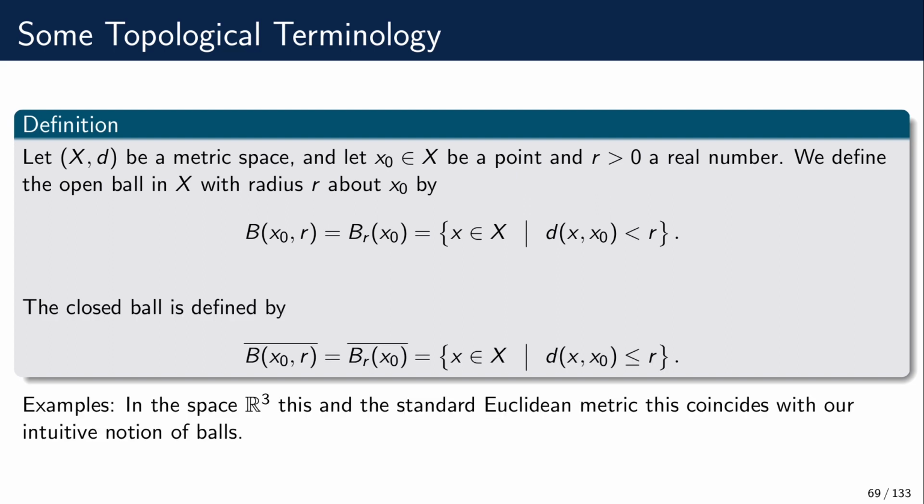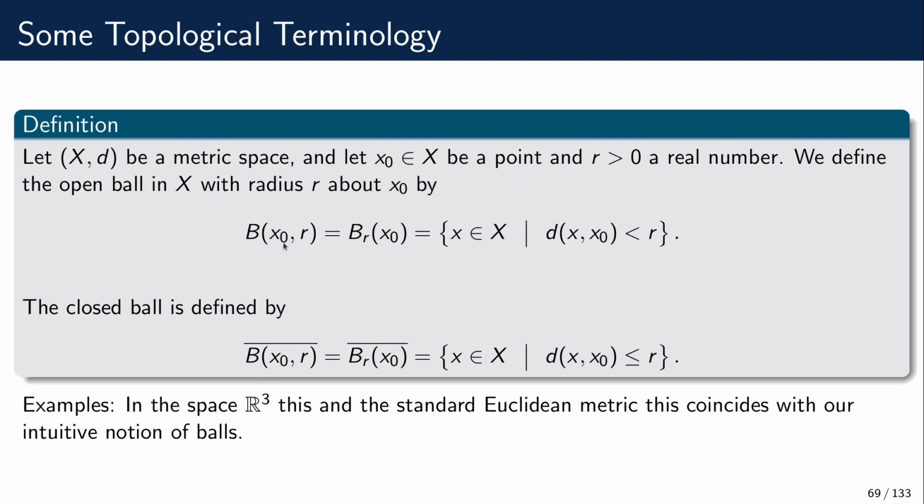Okay, and so this ball is the open ball because we do not include all the points whose distance from x0 is exactly r. We take all those that are smaller than r, and this is called the open ball, and it will play a role in defining what it means for a set to be open. It turns out that this is our basic open set.